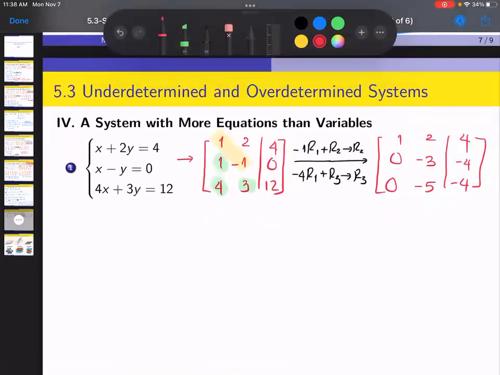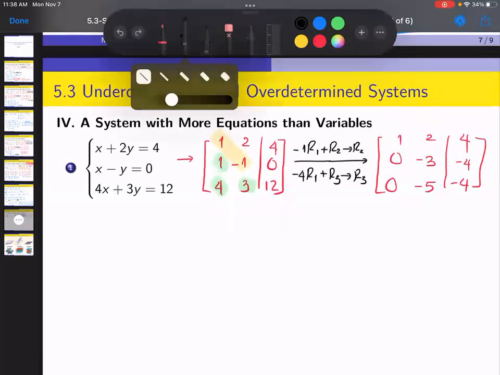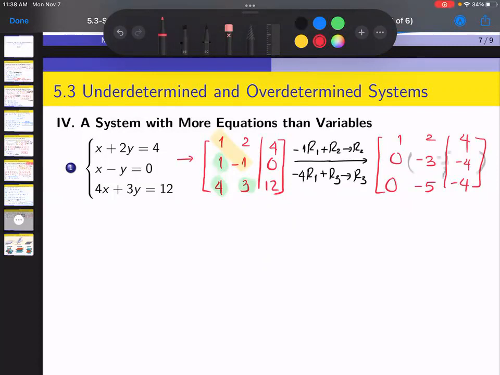Okay, and then use this fraction, and then multiply the second row by what? We need positive 5 at the end, right? So it should be -5/3, right? -5/3 times row 2 added to R3.